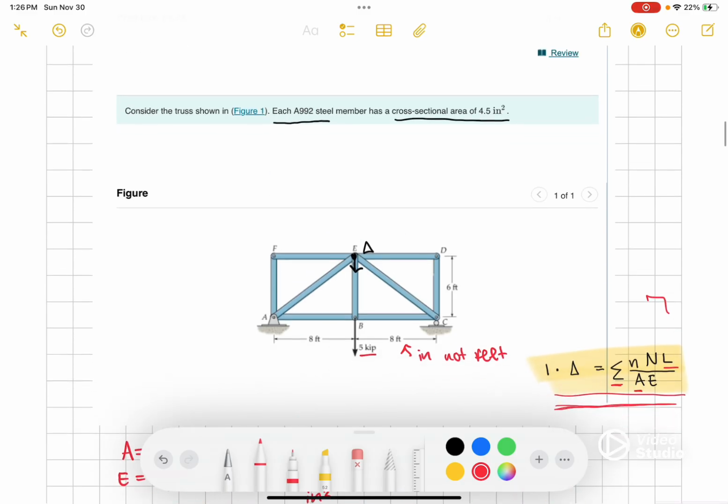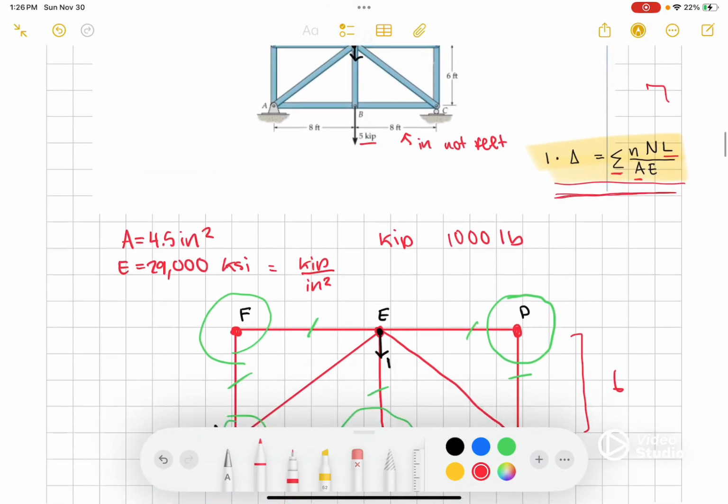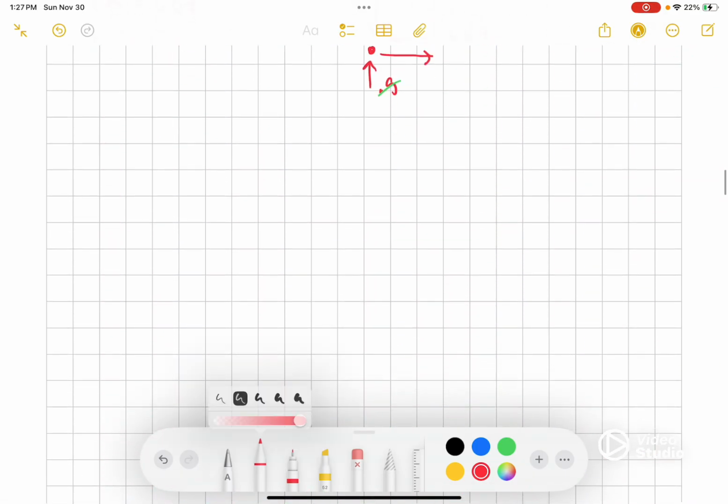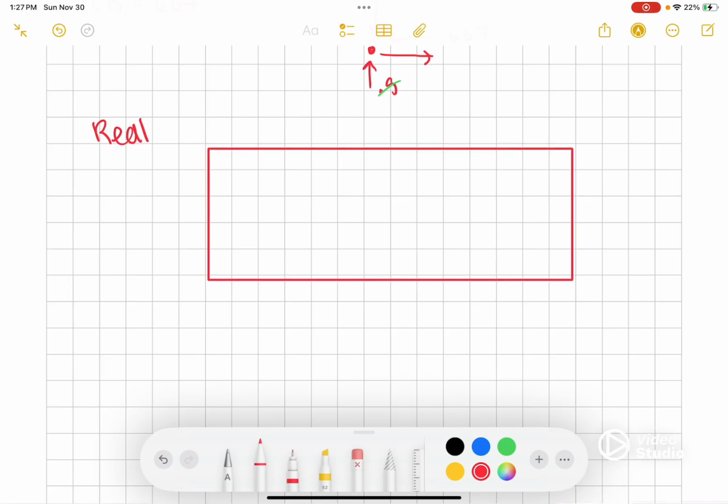So let's look up here. Our real truss doesn't have any applied force at E, but it does have an applied force at B. I'm just going to draw a new one. Our reaction forces are going to be different this time because we've got different forces.